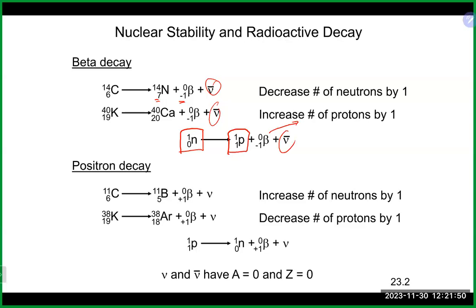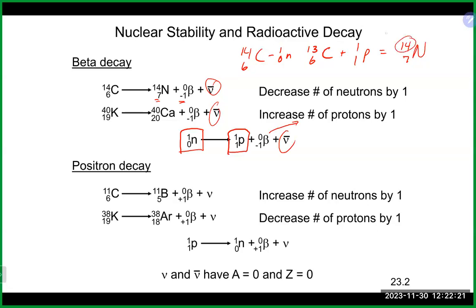Now, there is no overall change in the mass number, but if you did it step by step, which doesn't really happen here, we would lose a neutron in this process, which would take us to a mass number of 13 and 6. We then gain a proton, which takes us back to a mass number of 14 and up to 7, which gives us our nitrogen.